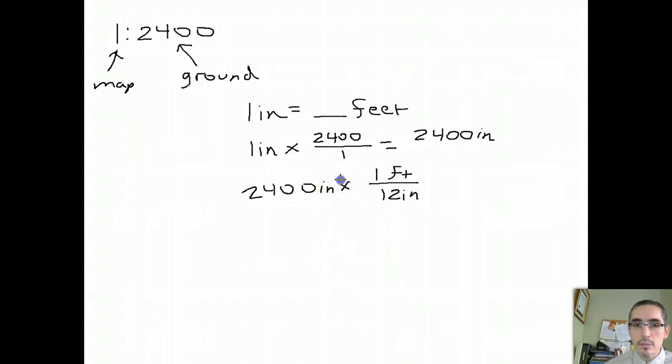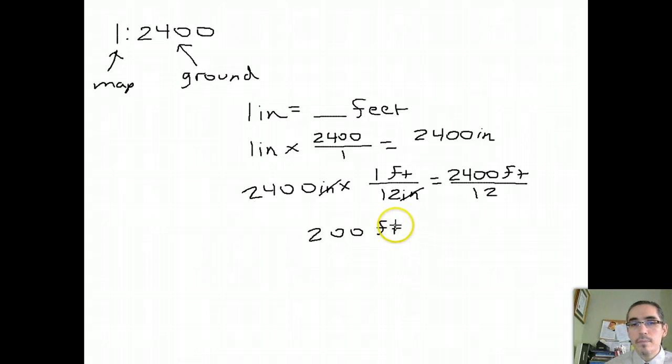So if we cross multiply, then the inches cancel out, and we're going to end up with 2,400 feet over 12. So we just divide 2,400 by 12, and we're going to end up with 200 feet. So 1 inch on the map is 200 feet on the ground.